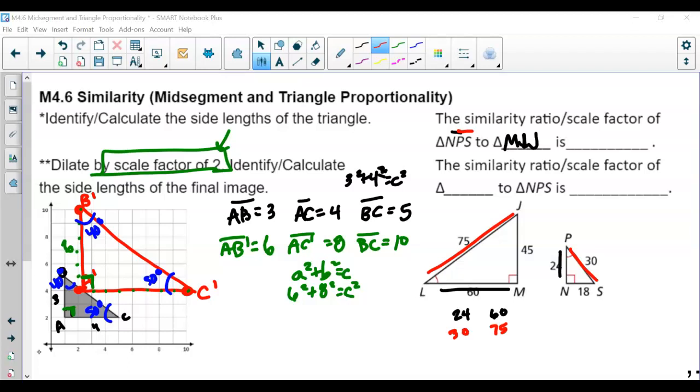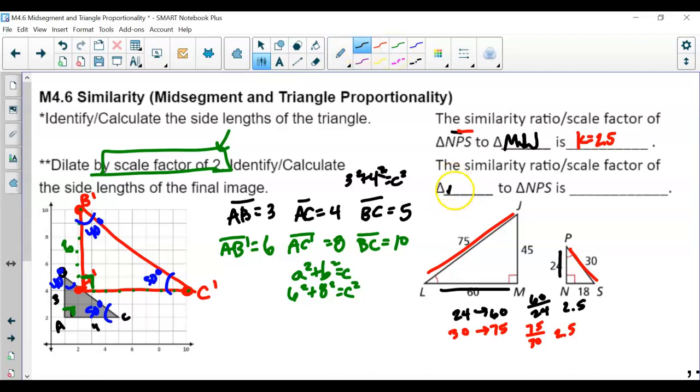And here we go. So now notice our scale factor, right? We went from 24 to 60, which again, if you recall, we put that final over the original. 60 divided by 24 is 2.5. So let's check it. We went to 75. That's our final. 75 over 30, you also get 2.5. So 18 times 2.5 is 45. So our scale factor, enlarging, is 2.5.